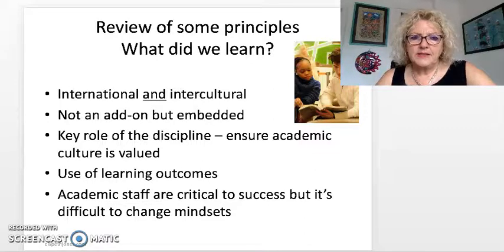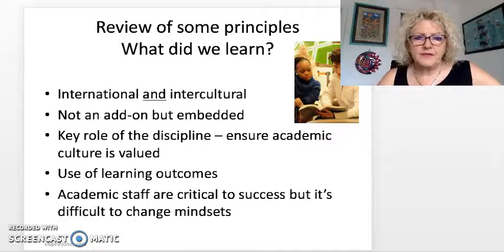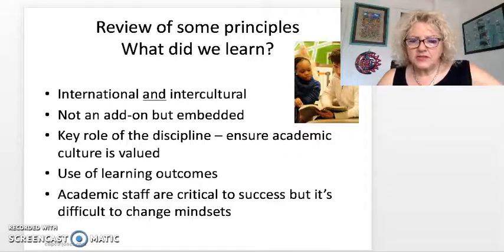We learned that the discipline itself, the subject area, is absolutely crucial to the success of this, because in nursing, for example, or science or history, each subject in each national and institutional context can be very different.